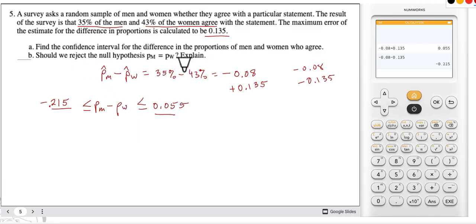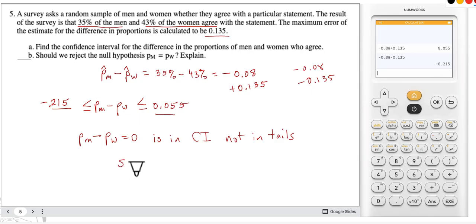Should we reject the null hypothesis? Well, we're going from a negative to a positive, so that means 0 is in the middle here. 0 is in the confidence interval. It's very close to this side. Here's 5%, so closer to this side. But P M minus P W equals 0 is in the confidence interval, not in the tails.